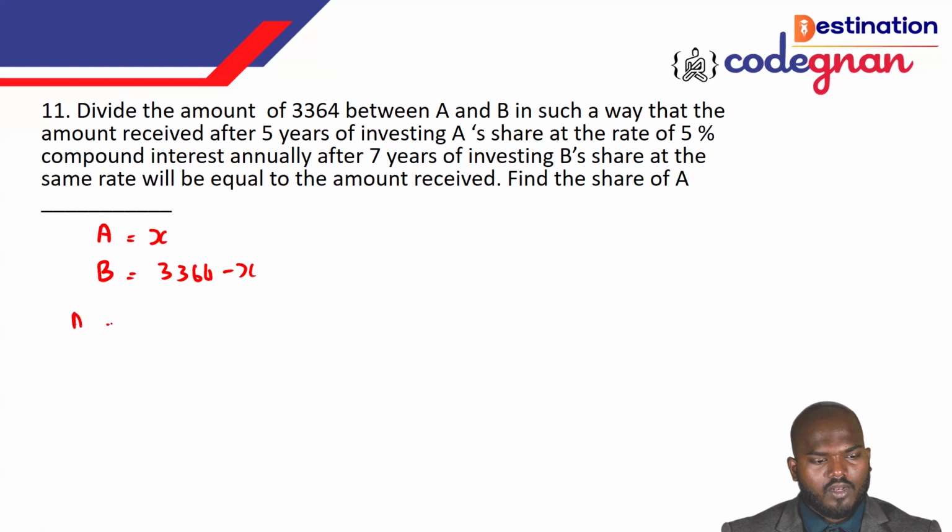Amount is equal to what formula? The principal times, that formula only, right? Do you have the principal here? No, I'm calling it X. The rate of interest is 5 over 100, for 5 years, because he was investing for 5 years.